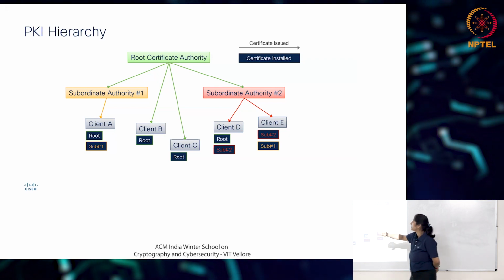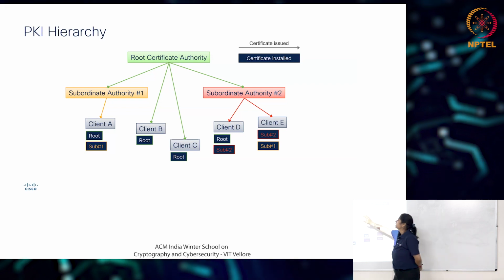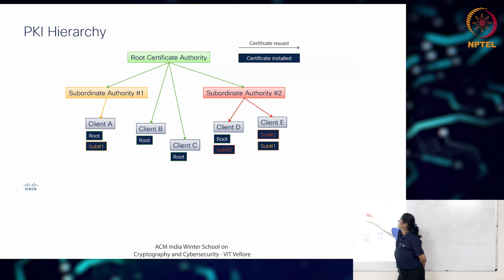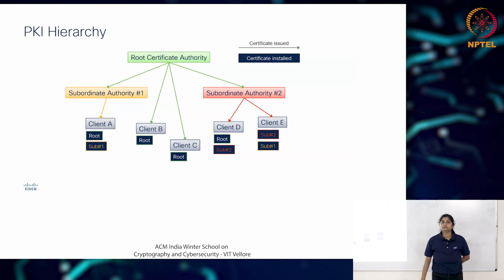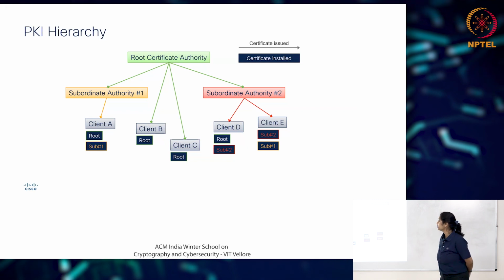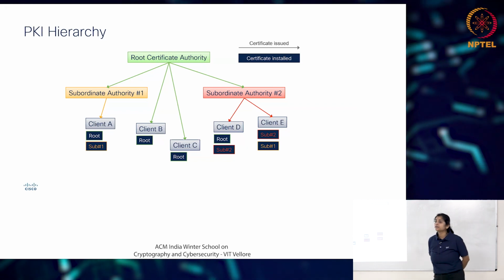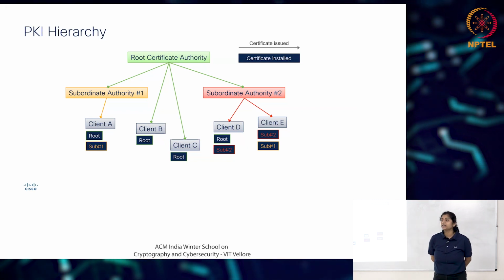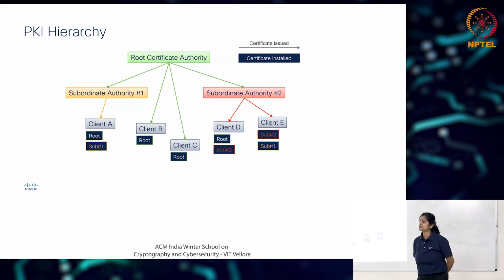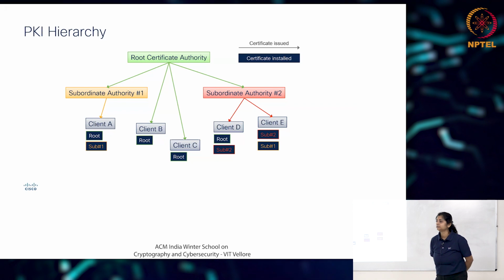I'm asking, forget browsers, forget certificates, but who is issuing certificate to this guy? Do you think the users will go to one root authority and say use my certificate? Then why is he a user? Why is he not a root CA?